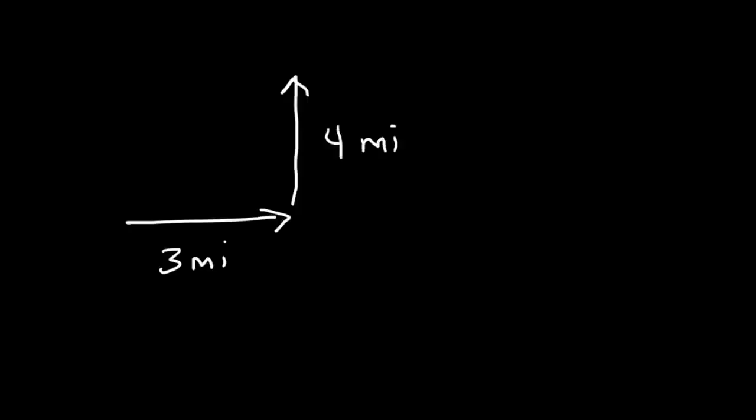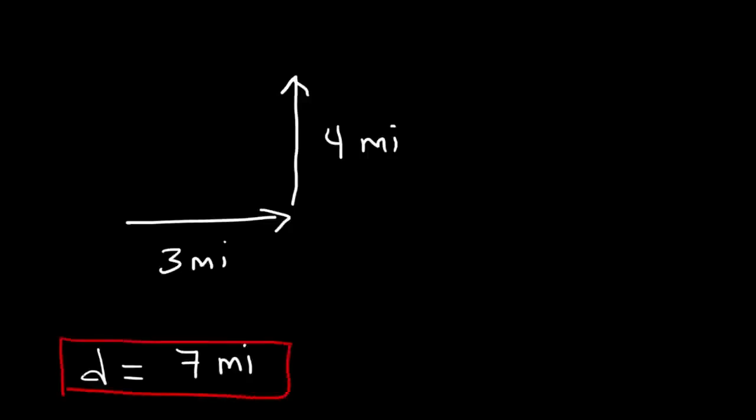Now let's say a person walks 3 miles east and then 4 miles north. Calculate the distance and the net displacement traveled by the person. To find the total distance, you simply need to add everything. He traveled 3 miles east and 4 miles north, so he traveled a total distance of 3 plus 4, or 7 miles.